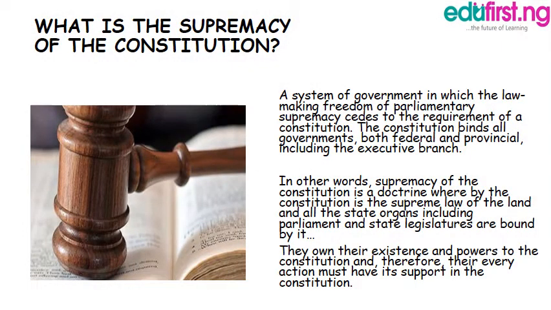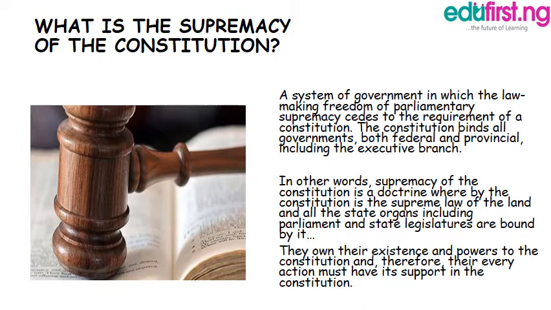What is supremacy of the constitution? This is a system of government in which the law-making freedom of parliamentary supremacy cedes to the requirements of the constitution. The constitution binds all governments, both federal and provincial, including the executive branch.